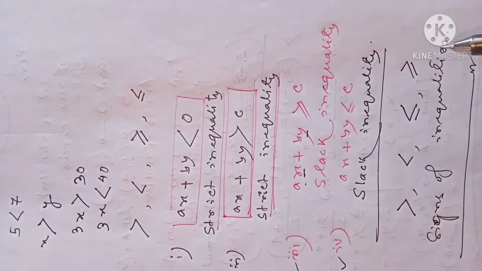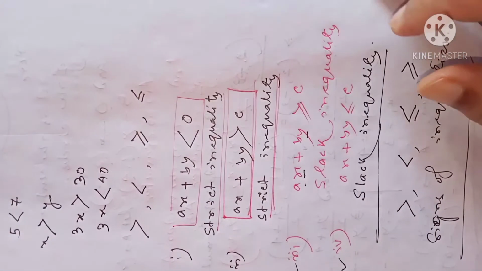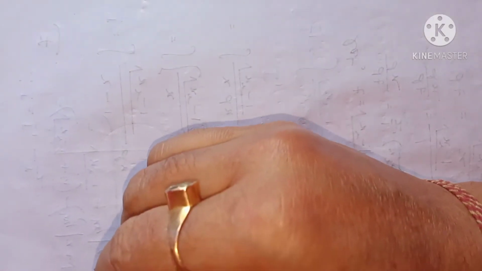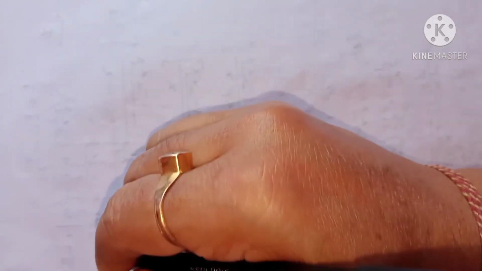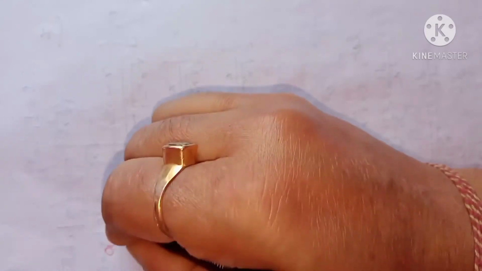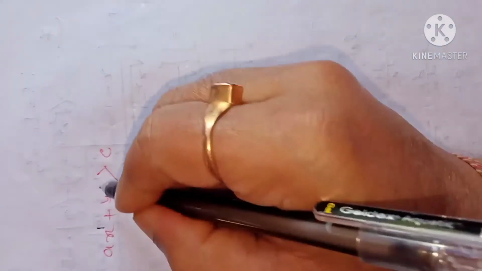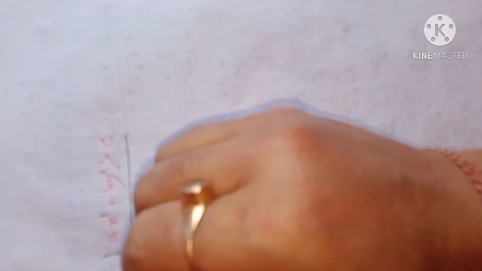So now in our discussion, actually we will be talking about mostly linear inequalities. Linear inequalities means where the power of the variable is 1, like ax plus by is greater than c. Here the power of x is 1, power of y is also 1. So this is linear inequality.